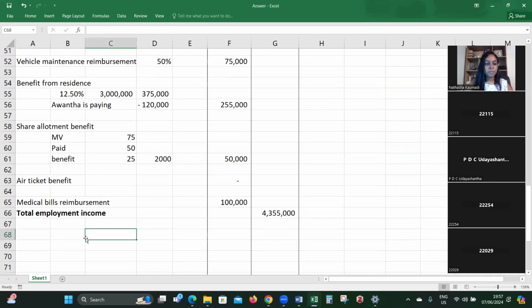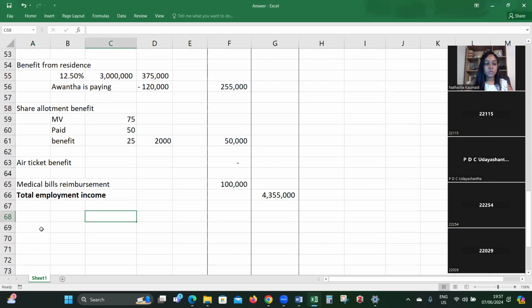Right. So I'm going for the second income source, which is business income or investment income. I'll take business income. Now tell me, Mr. Avanta's business income. What is that amount?